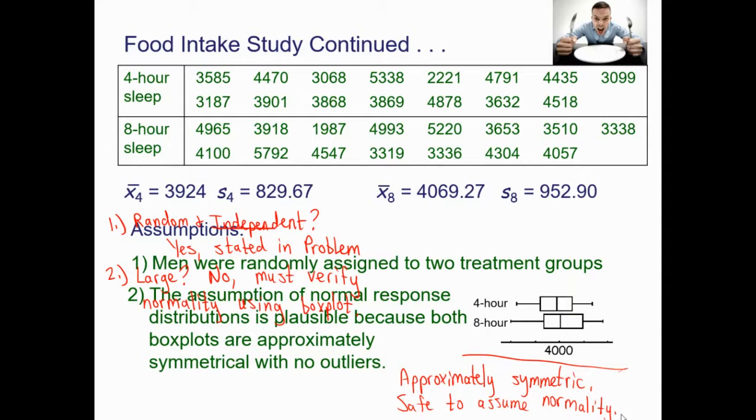Where does this go? This goes under assumptions. Pretty much what I have in red is the bare minimum. And then, of course, the box plot there.